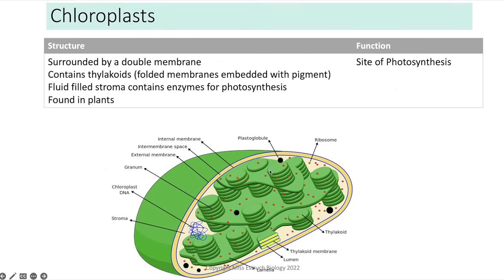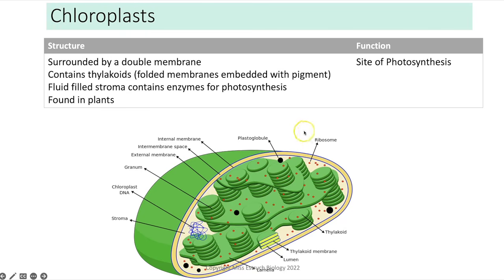We then move on to the organelles that are just found in plants. So chloroplasts, this is another double membrane bound organelle. And then inside we have these folded membranes. So this is your thylakoid membrane, which is highly folded to create these stacks that look a bit like stacked up coins. And those stacks are known as the grana.